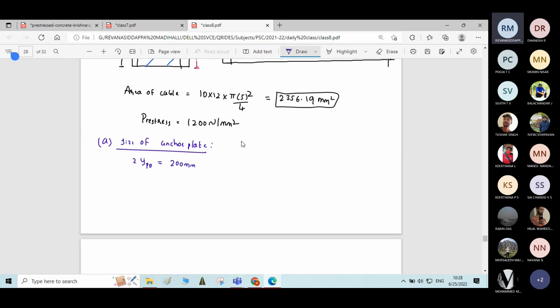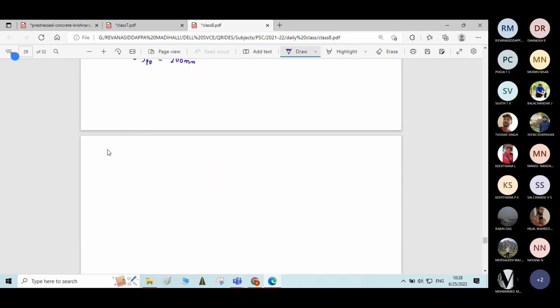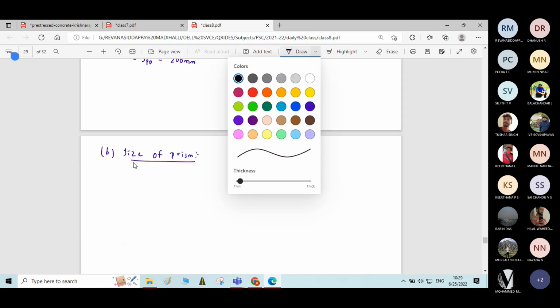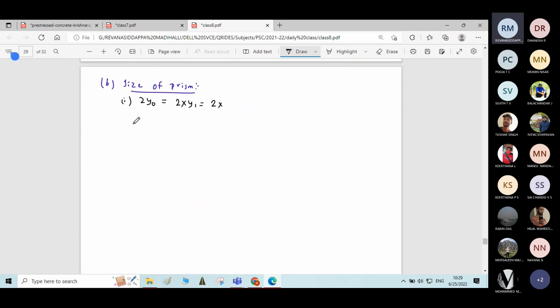200 mm. Then step B, size of prism. We have to find it in two ways. First one is size of prism 2y0 is equal to 2 into y1. 2 into y1 is 100 mm, you will get 200 mm. And second one is width of beam.